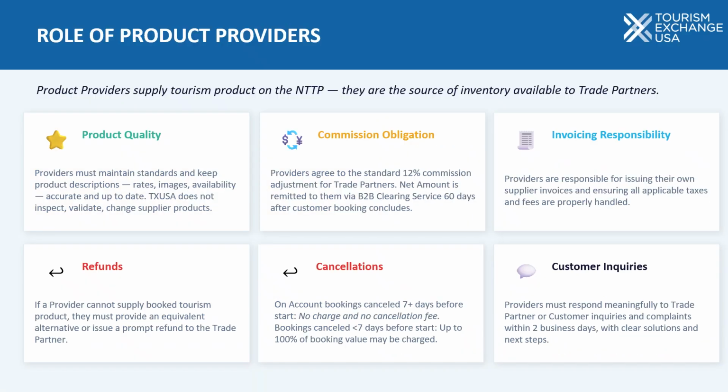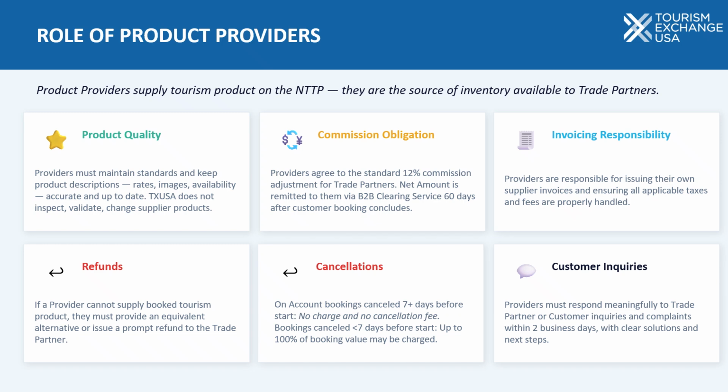Product providers are supplying the source of inventory and rates available to trade partners. They are responsible for their own listings, but you should still do your own due diligence in vetting the product to make sure that it meets your standards and will meet your clients' expectations. The suppliers understand that they will be paying a 12% flat commission on any bookings.